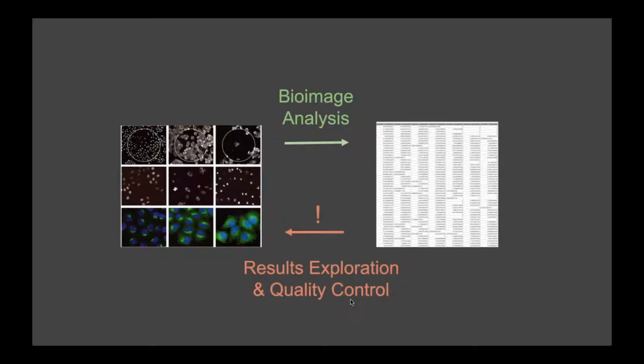If you do bioimage analysis, quite often you have many images and then later many numbers, which you typically take into Excel or R or Python, MATLAB to do the statistics, which is fine. But if you have all these numbers in these tables, there might be some outliers, very high or very low numbers.